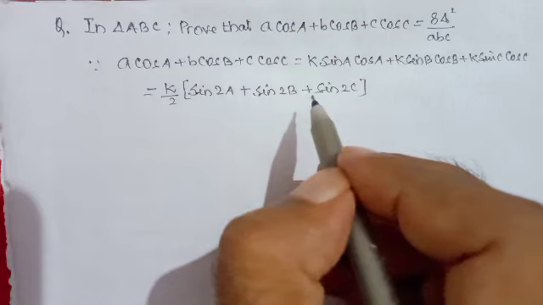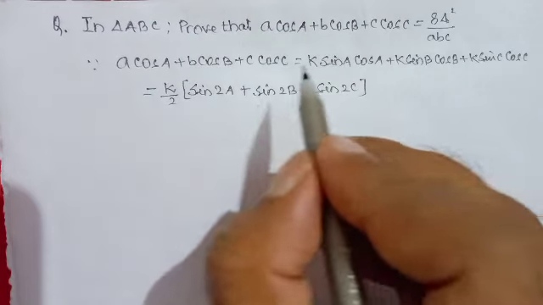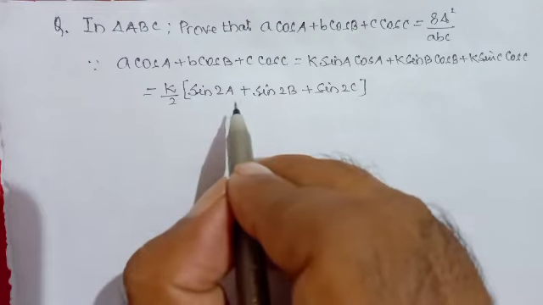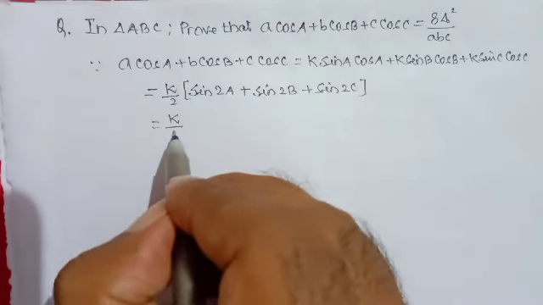This is an identity. You have also studied in conditional identities, and I told you that you must remember this value. I think you have learned this one and remember that value.